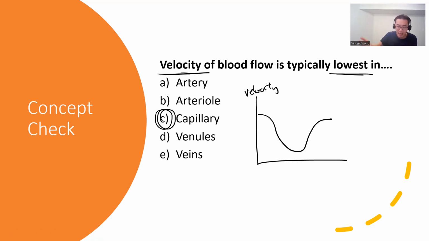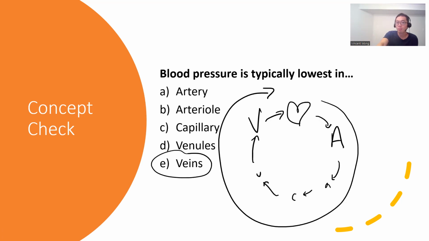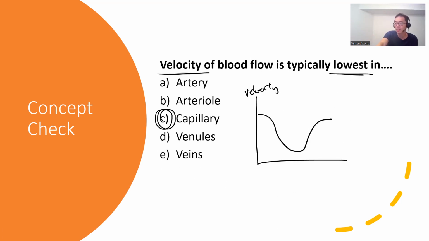We have to slow down enough for gas exchange to occur. If blood is zooming by very quickly in the capillaries, you won't have enough time for diffusion. So we need to slow down. Slowest at the capillaries. So blood pressure is the lowest at the veins, but speed is the lowest at the capillaries.